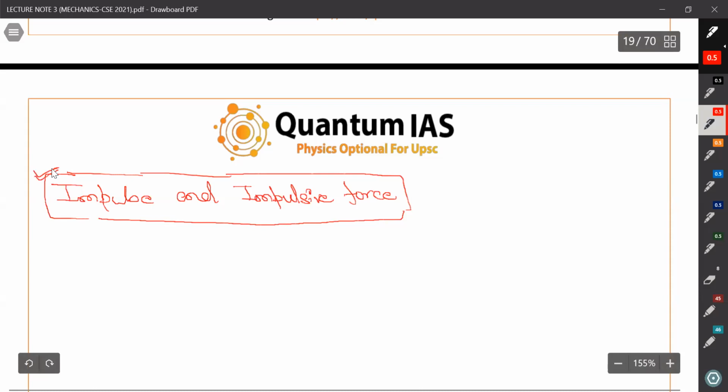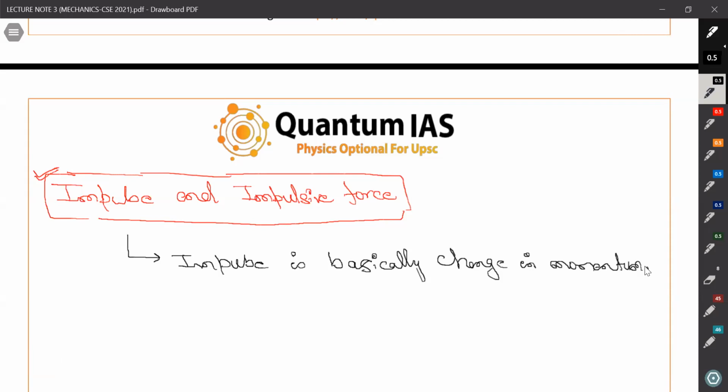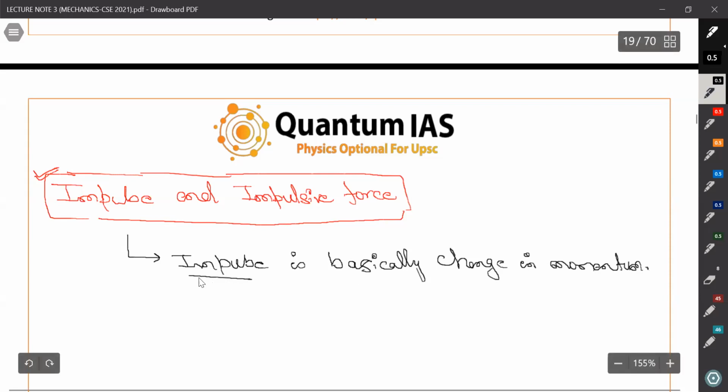Okay, for impulse and impulsive force, we have to write down certain things. Impulse is basically the change in momentum. Nothing can be said that impulse acts for a less time or anything. No, impulse is simply the change in momentum, nothing else.